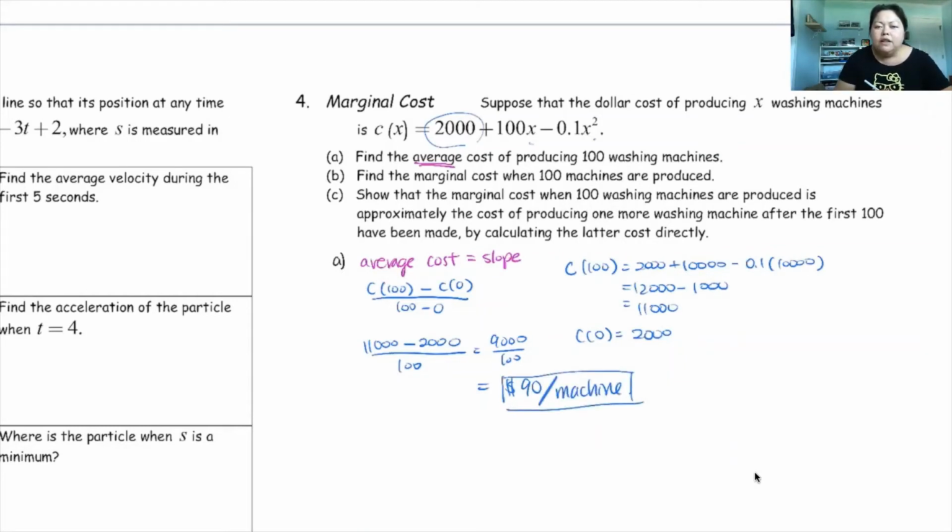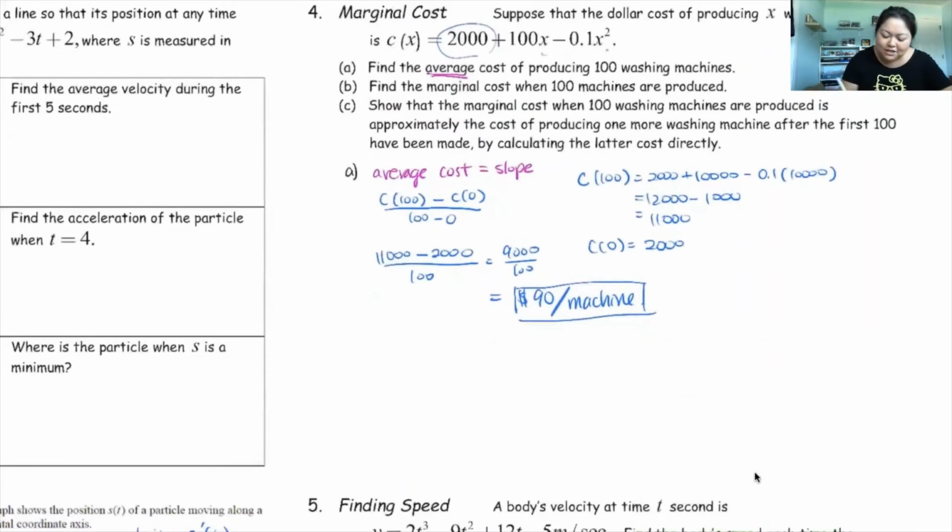Part B then asks you to find the marginal cost when 100 machines are produced. So in calculus terms, what is marginal cost? Marginal cost is the instantaneous cost, right? So it is C prime. That's where I'm saying you might want to talk to your econ teacher and figure out what marginal cost is.